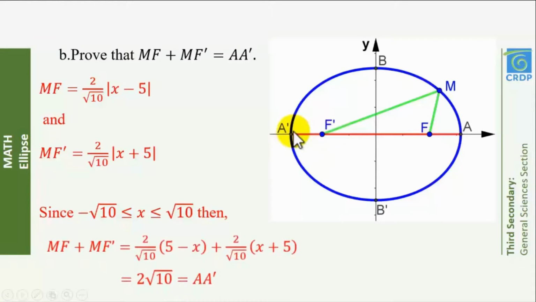Then absolute value of x minus 5 equal 5 minus x, and absolute value of x plus 5 equal x plus 5. Therefore, MF plus MF prime equal 2 over radical 10 into (5 minus x) plus 2 over radical 10 into (x plus 5) equal 2 radical 10 equal AA prime.